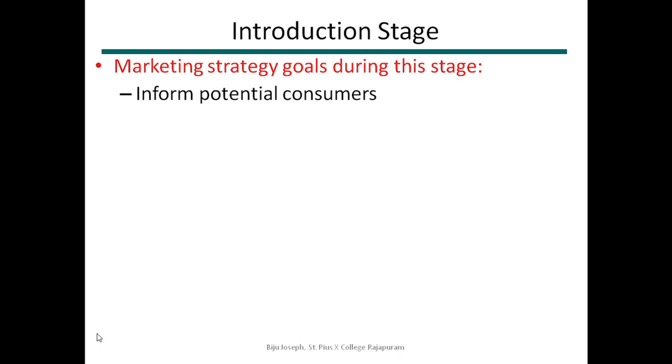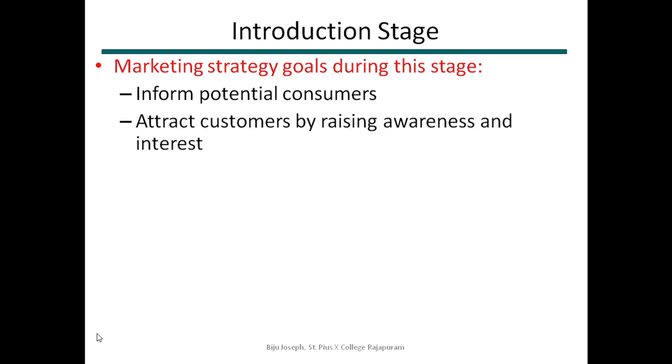Potential consumers must be informed of the product. Attract customers by raising awareness and interest. Due to various promotional activities, the marketer has to attract customers, and their awareness and interest also must be raised.